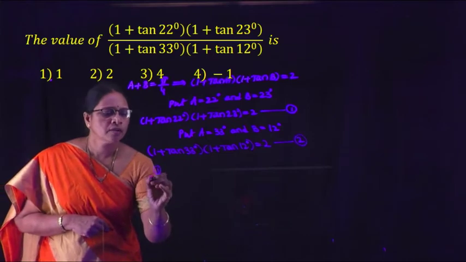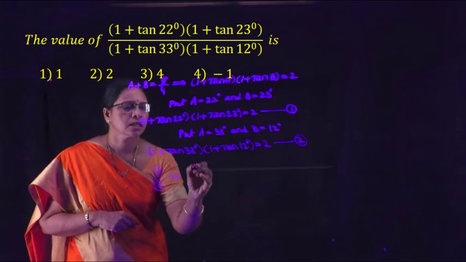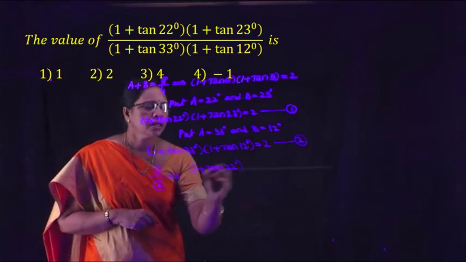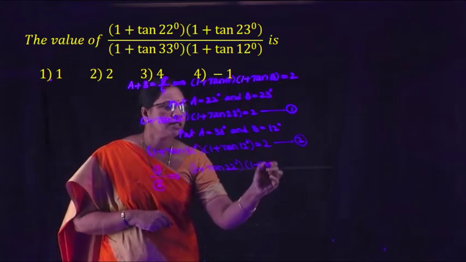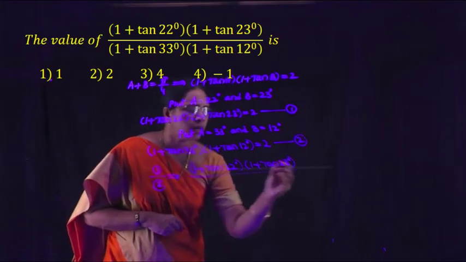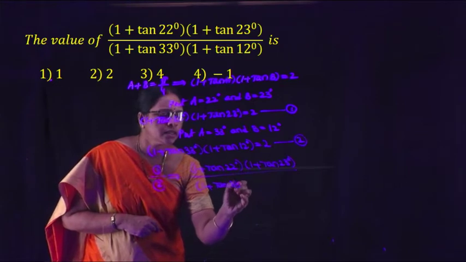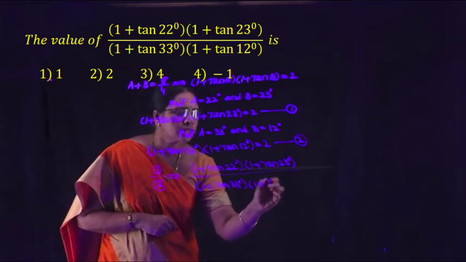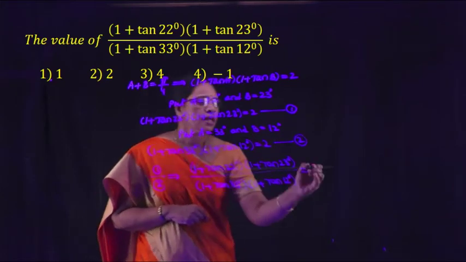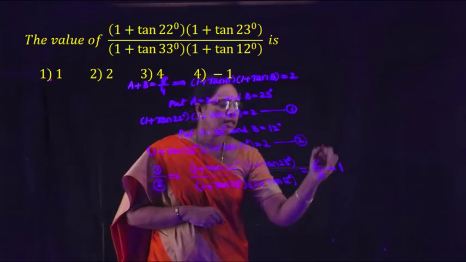Consider 1 divided by 2. This implies (1 plus tan 22 degree)(1 plus tan 23 degree) whole divided by (1 plus tan 33 degree)(1 plus tan 12 degree) is equal to, here the RHS is 2 divided by 2, the 2s get cancelled, that equals 1.